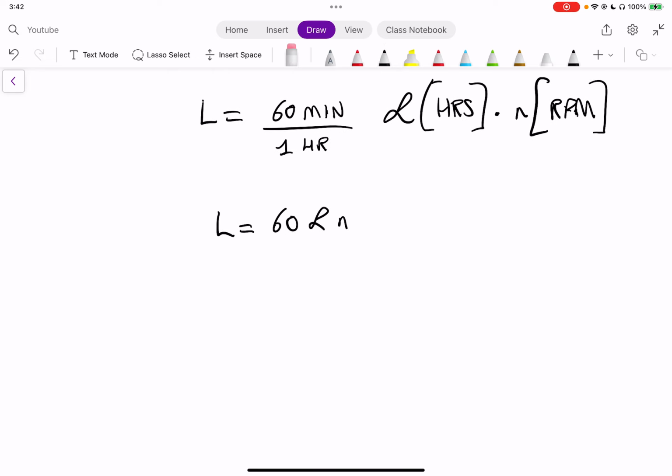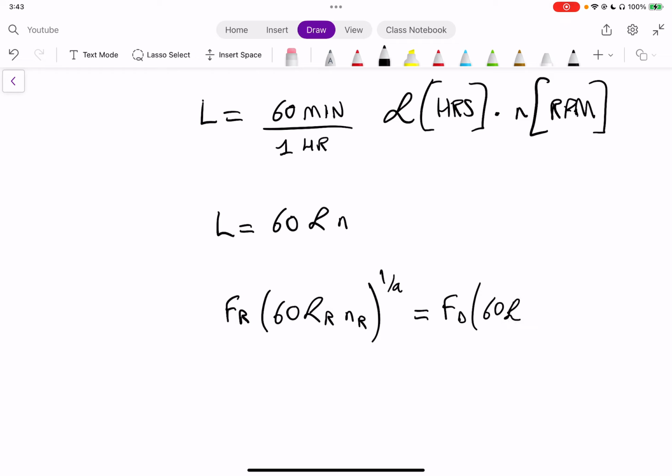So going further than this, what we can say is that F sub R can also be written as F sub R times 60 times cursive L sub R times N sub R, all to the power of 1 over a, is going to be equal to F desired times 60 times life desired but in hours times N sub D, all to the power of 1 over a. Okay, so just converting the equation back to the other side.